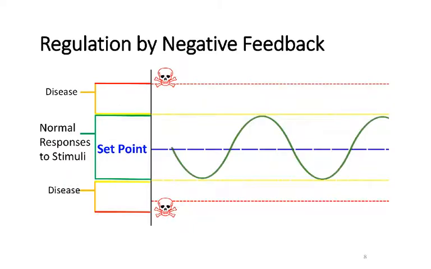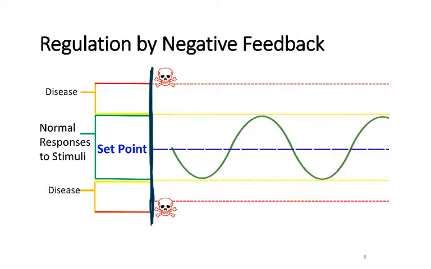So another helpful way of displaying negative feedback, or regulation by negative feedback, is with a graph. So we've got, let's see, how can I do this? We have what's referred to as the y-axis here.